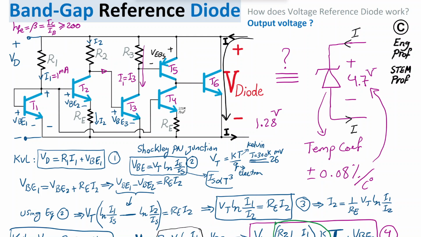Now, what is the benefit of these two guys? As I said, the benefit is making sure that the base of transistor T6 is at the proper voltage and also floats enough so that whatever current is passing through T6, through the Shockley PN junction transistor, when current is passing through the collector or emitter of the transistor, it will set the base emitter voltage.